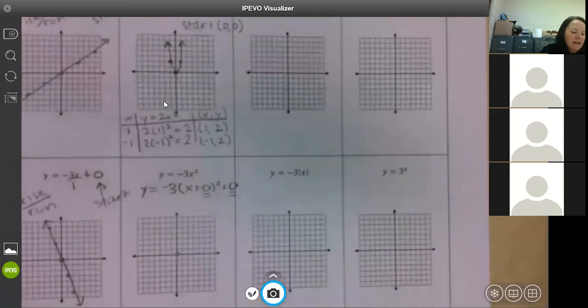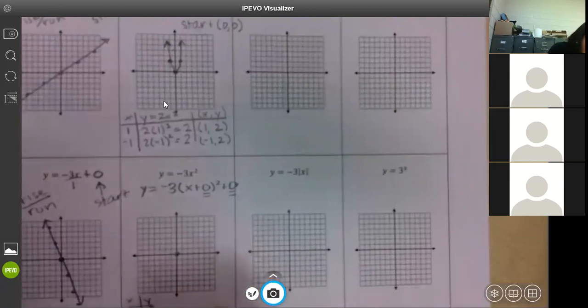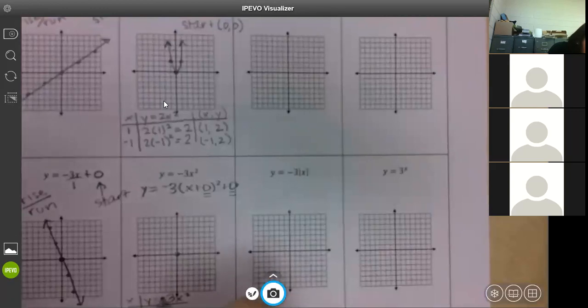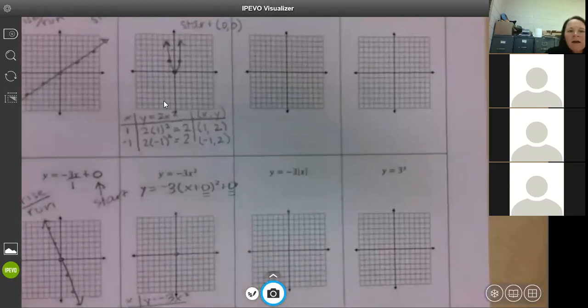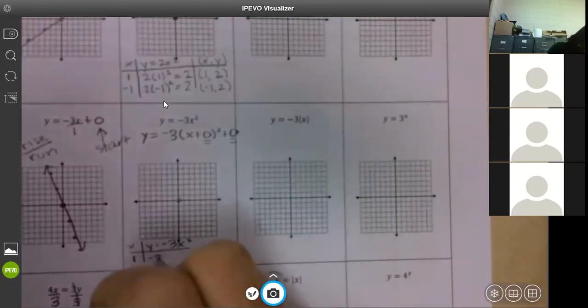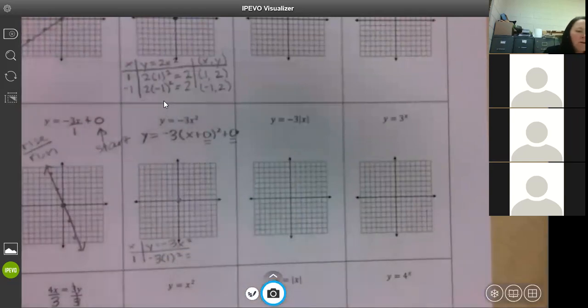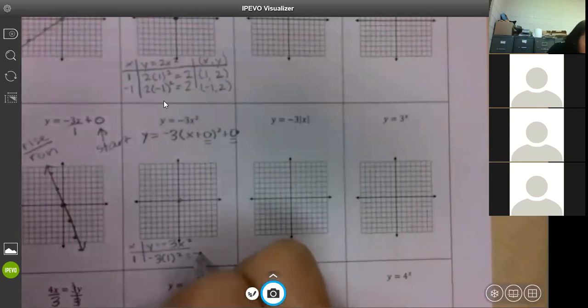And then to find our second point, like I said, I just plug it in and make the XY chart. I'm going to plug in 1, and that's always the one I pick because it's easiest to plug into. And I have -3 times 1 squared. 1 squared is 1 times -3 is -3.